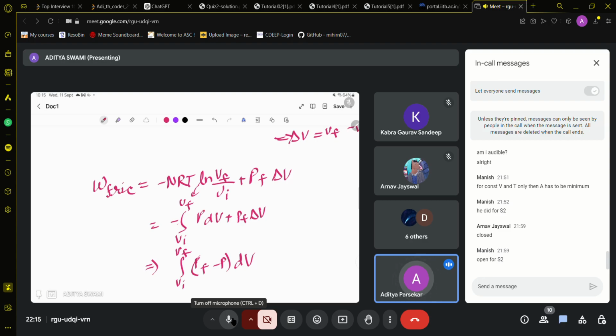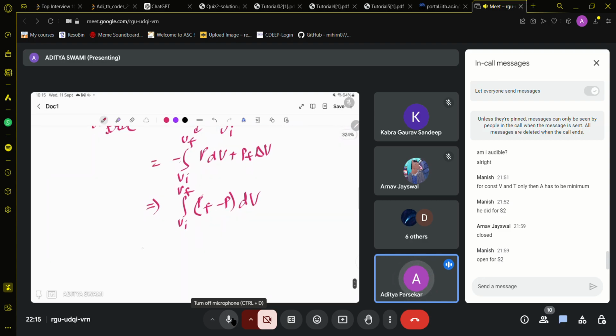So what happens now is, suppose you remove a very small amount of sand from the system, that is delta W tending to 0. What will happen is the system will move very slightly up, and because it is moving very slowly because of the very small removal of sand, the work done by the friction will be approximately tending to 0.